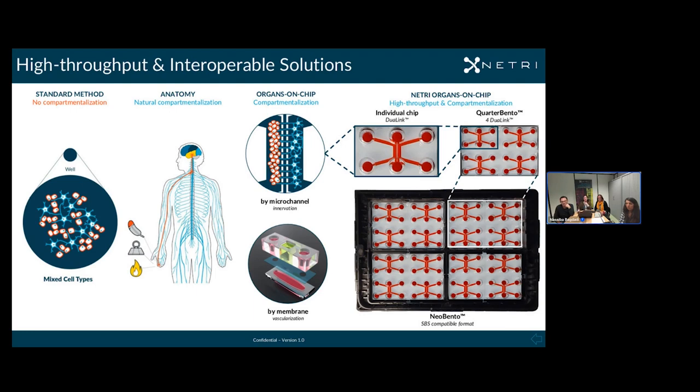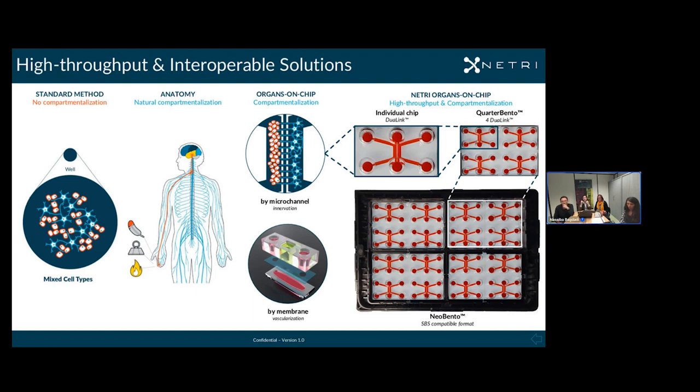As you can see on the right, we have a screenshot of our individual chip, which is our fundamental device, the dual link, where you have 3 channels: 2 main channels and one in the middle that creates a type of barrier that will not enable fluids to go through to the 2 adjacent channels.